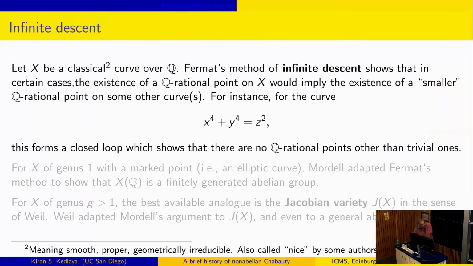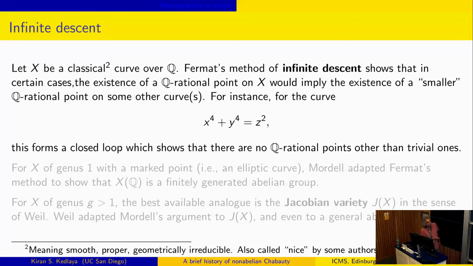Yeah, so we already mentioned Diophantus, so let me start with Fermat, right? So Fermat was able to prove in certain cases that you could kind of classify rational points on certain curves using a method that he called infinite descent. Roughly speaking, this is a famous example of it: Fermat's last theorem for exponent 4 reduces to finding the rational points on this curve, because then of course you can take z, I mean, it's even more restrictive if z is also meant to be a square.